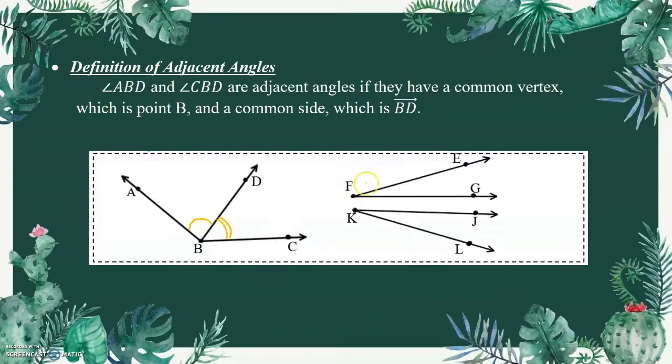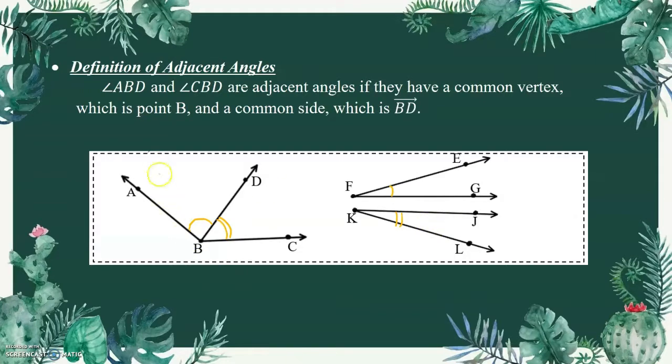But here we see that we have two angles also, angle EFG and angle JKL. Okay, but we see here that there is no common vertex and there is also no common side. Okay, the two angles are not sharing a common side. So meaning to say, angle EFG and angle JKL are not adjacent angles.